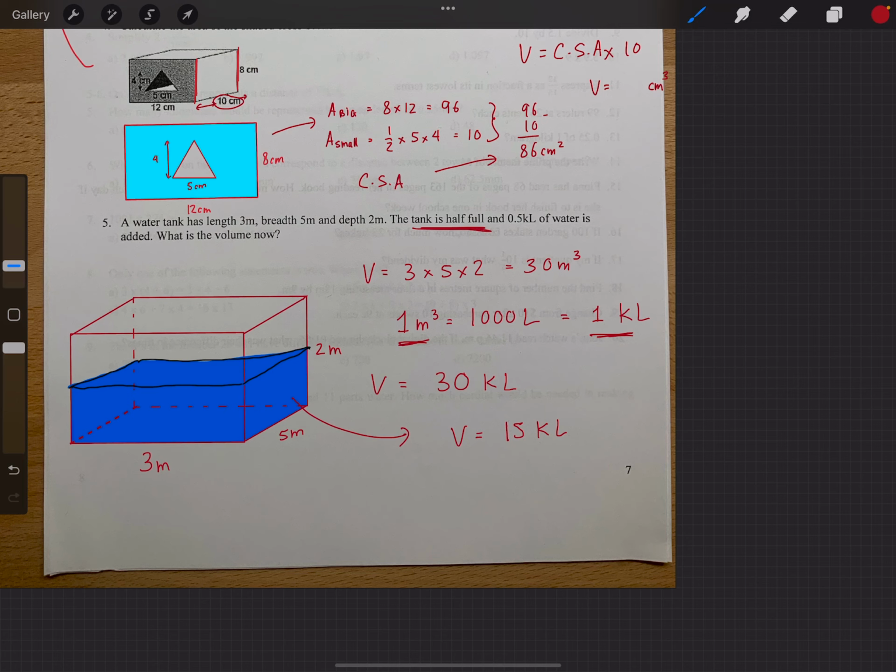Now 0.5 kiloliters of water is added, so we add another 0.5 kiloliters. The volume now is 15.5 kiloliters. And there's your answer.